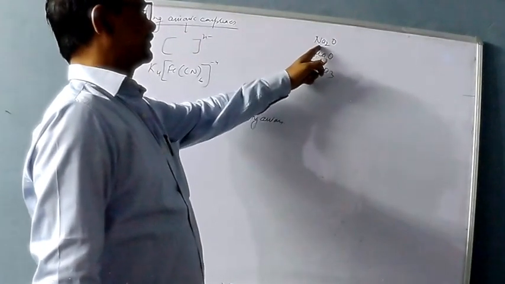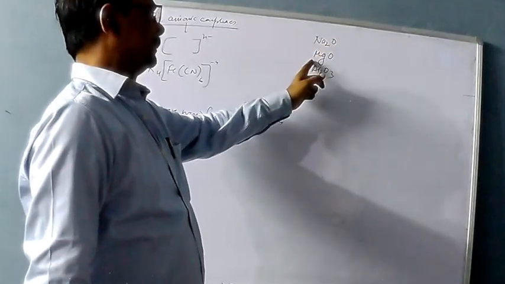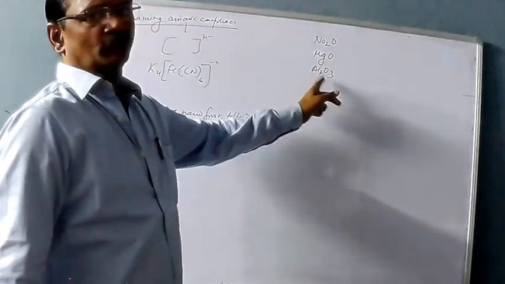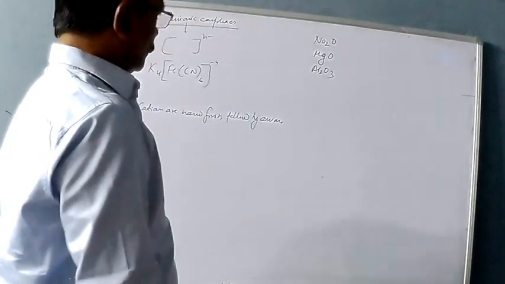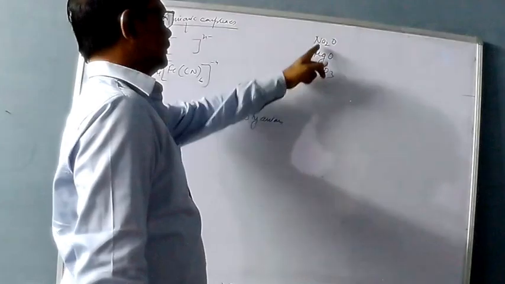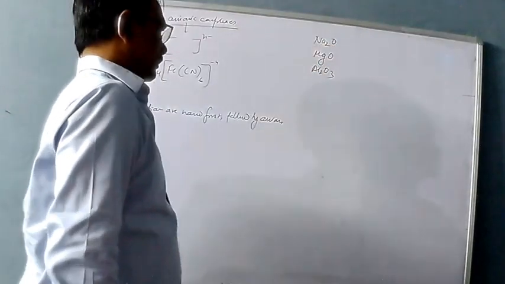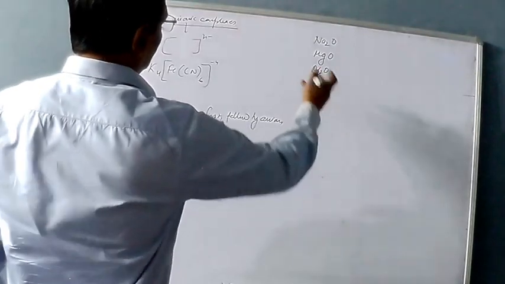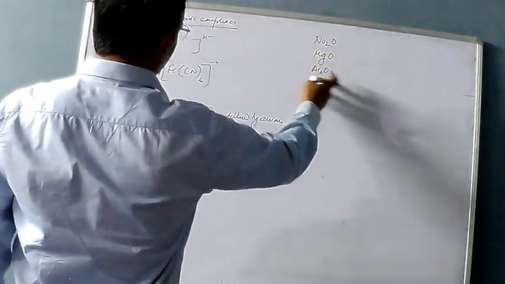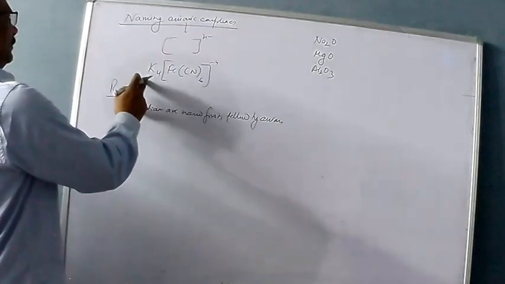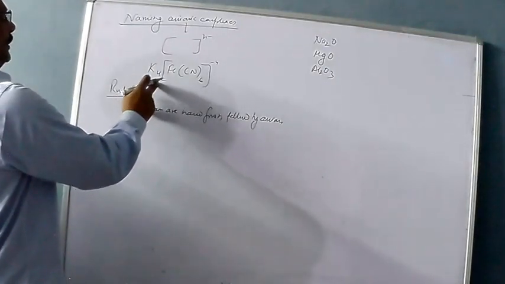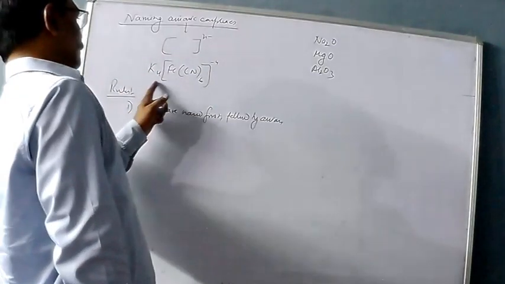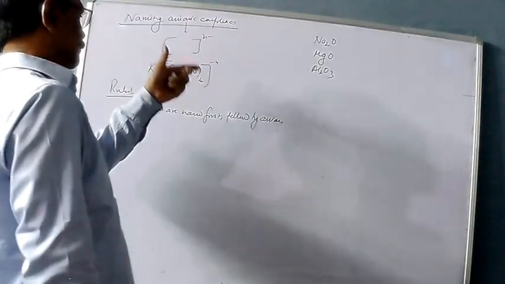Sodium oxide, we never say disodium oxide. Magnesium oxide, aluminium oxide, we never say dialuminium trioxide. So these 2 and 3 are representing the crisscross valency of the other element. That's why we will simply say sodium oxide, magnesium oxide, and aluminium oxide. Similarly here, we will never say tetrapotassium, we will simply say potassium, because this 4 represents the valency of this coordination sphere.